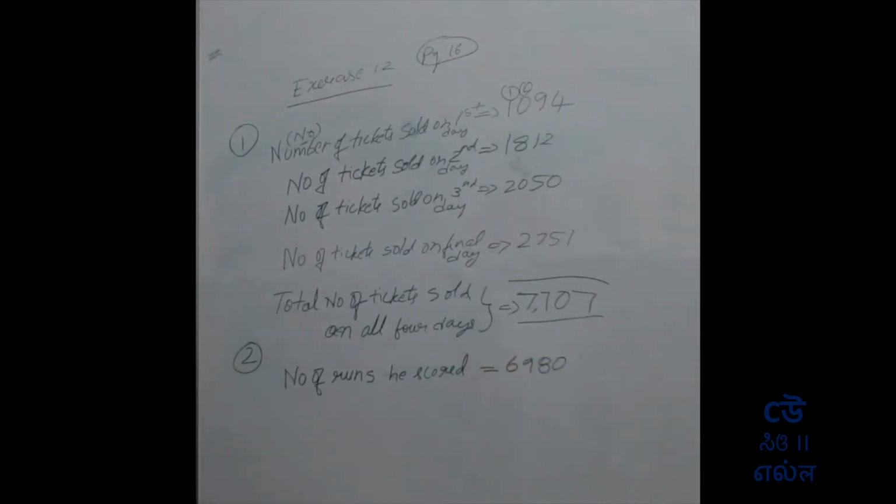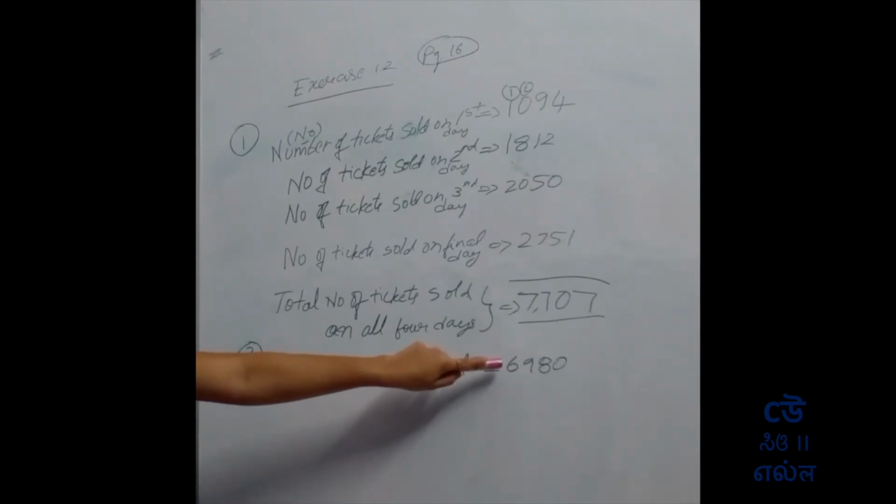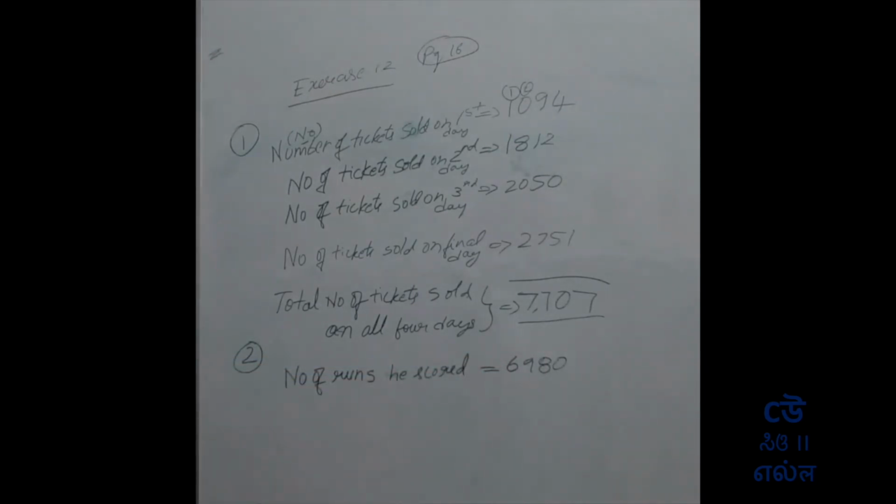The number of runs he scored till test matches is 6980. Next, he wishes to complete 10,000. Now he has scored only 6980 runs. So he wants to reach the target of 10,000 runs.